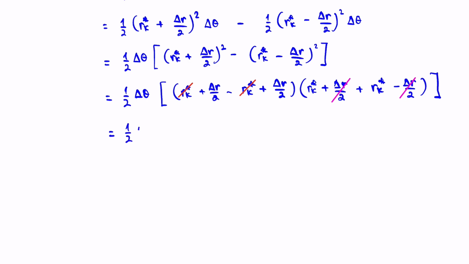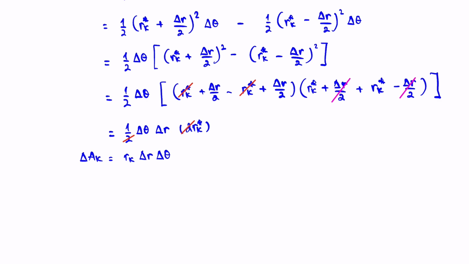You get 1/2 delta theta times delta r times 2 r_k star. The 2 cancels out, and you're left with delta A_k equal to r_k times delta r times delta theta.